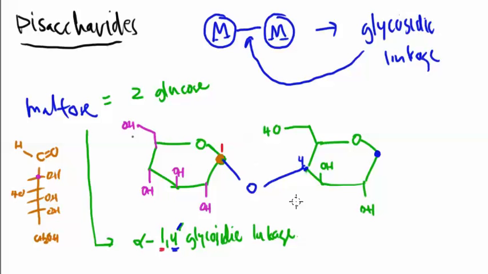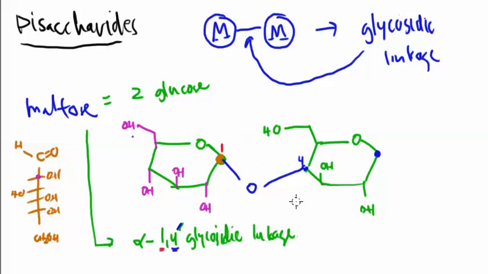That is our connector. So the alpha is just like before. It's telling you that at the number 1 carbon, the OH is pointed down. So you need to draw the oxygen pointed down when you connect these two monomer units together. If it was beta, it goes up, and we're going to do an example of that as well.